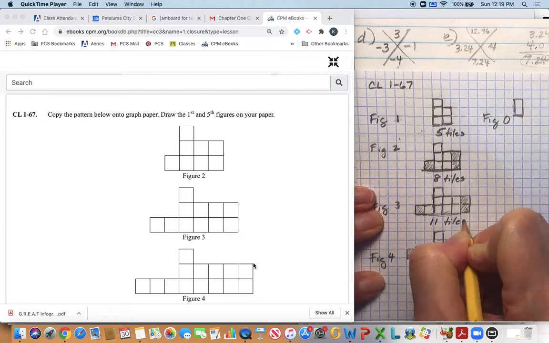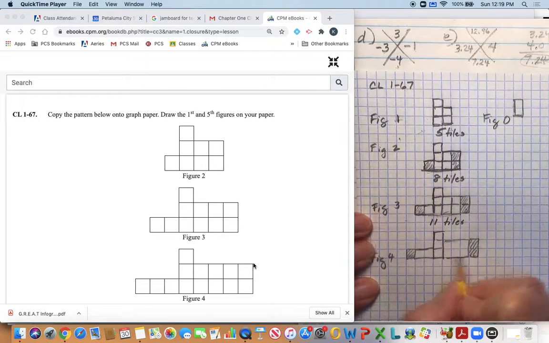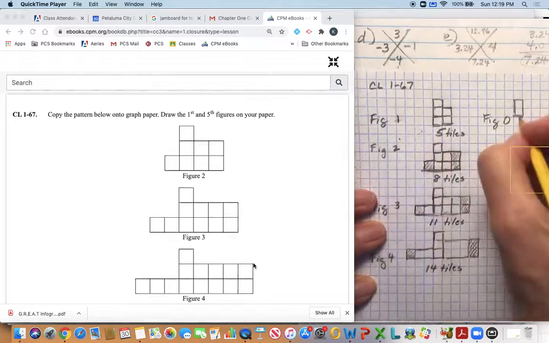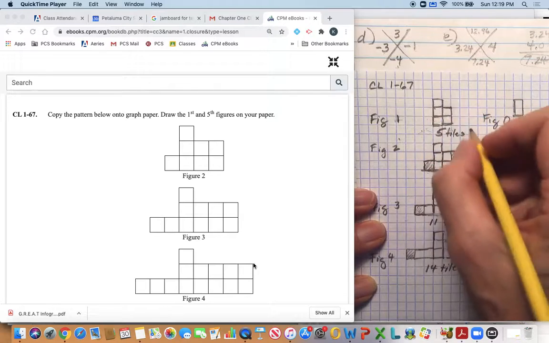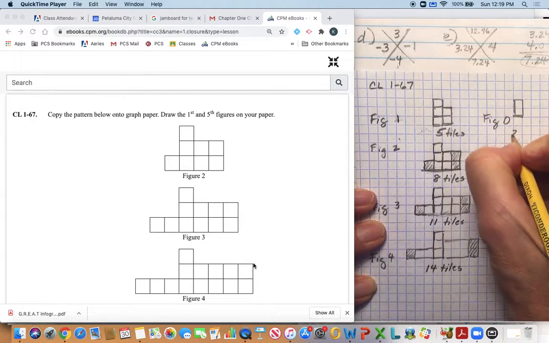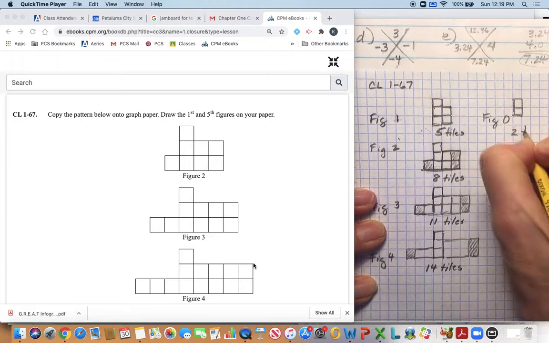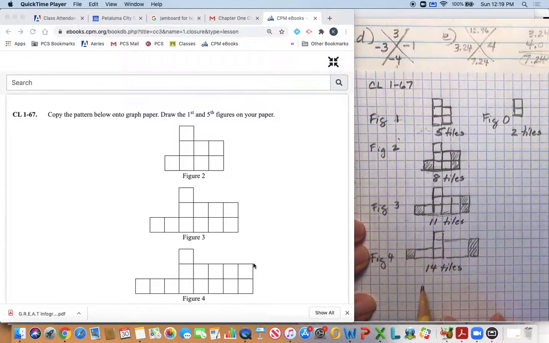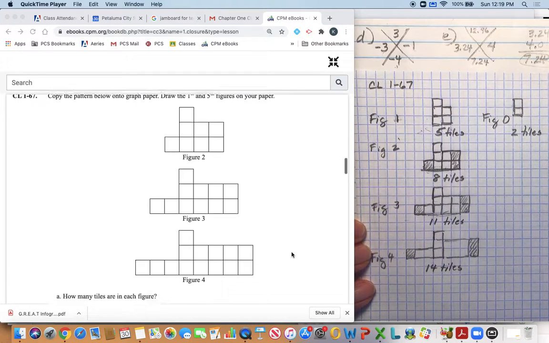And then I add 3 more, and that's 14 tiles there. And then of course for figure 0, I subtract 3 tiles to get 2 tiles. So figuring out figure 0 is going to help me, even though they don't tell you. That's my big hint to you.